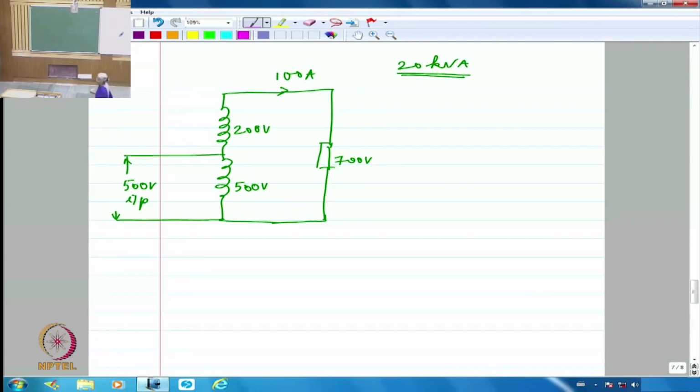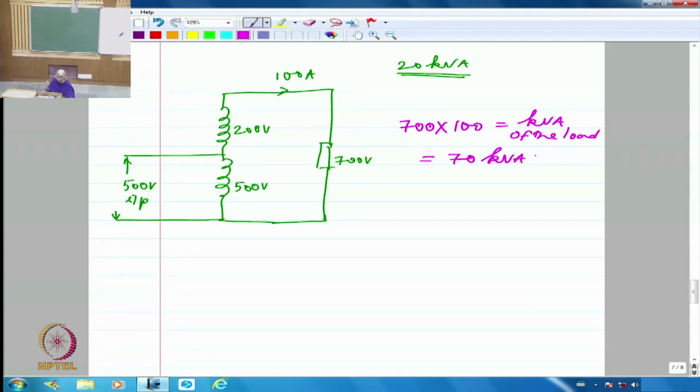Right? And now the total thing I am getting is 700 multiplied by 100, which is the total kVA of the load. So, how much is it? 70,000? 70 kVA. So from which we should be able to calculate what is the current here.